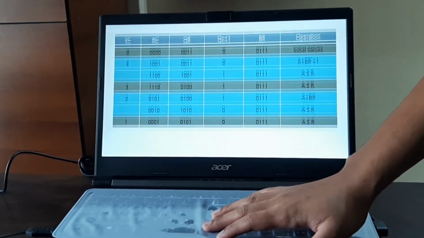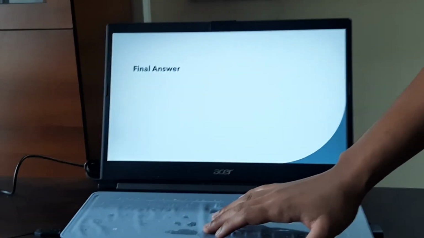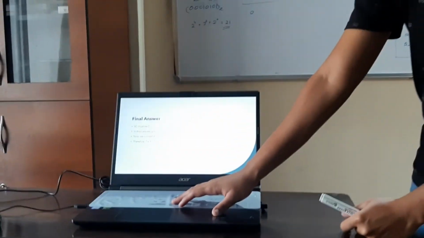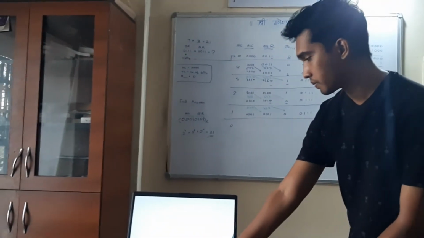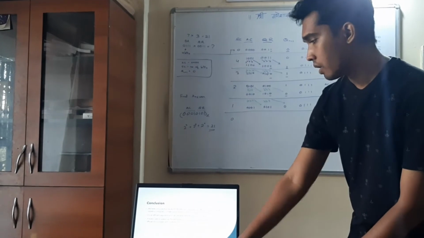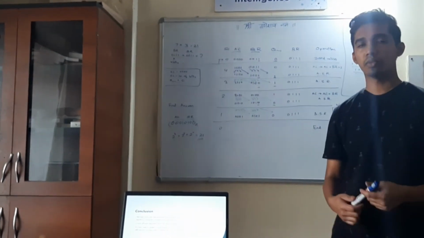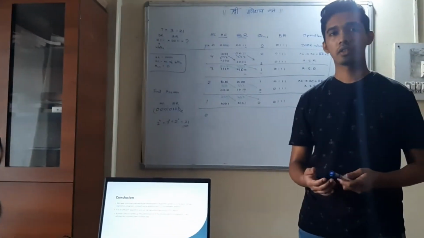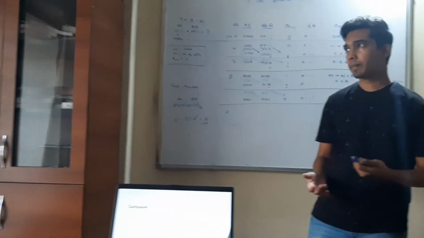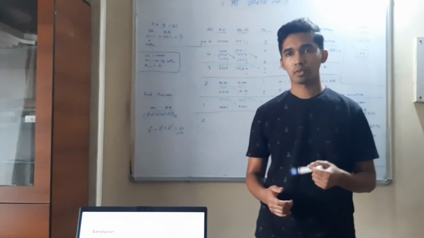Moving on, we also know how to find the final answer. In conclusion, we don't have to use any extra steps. All we have to do is use normal addition and 2's complement addition to perform the multiplication.